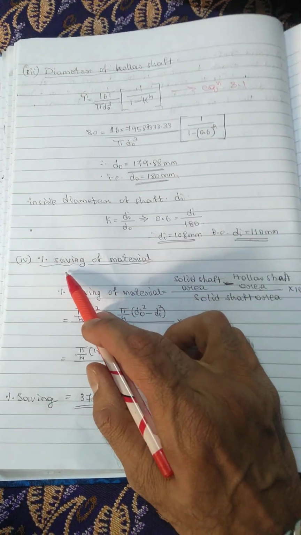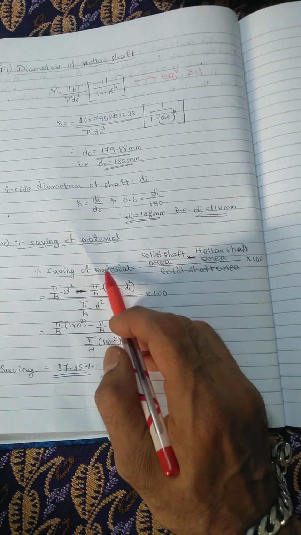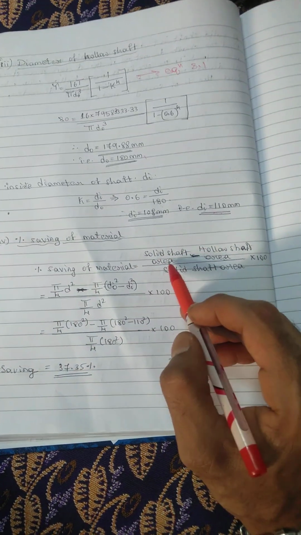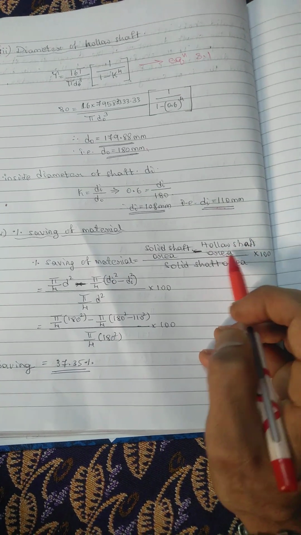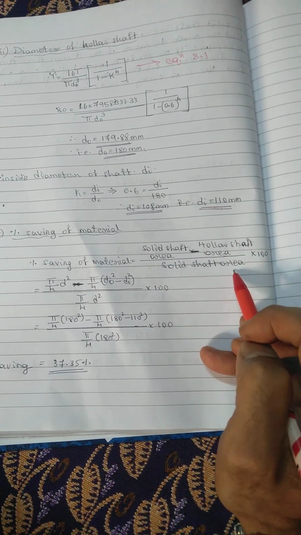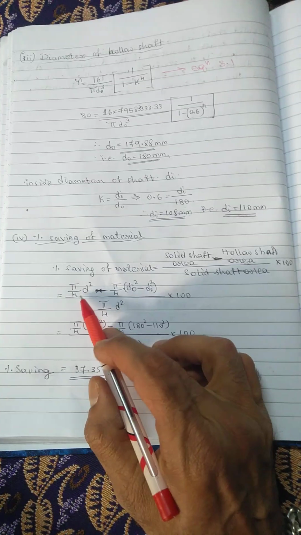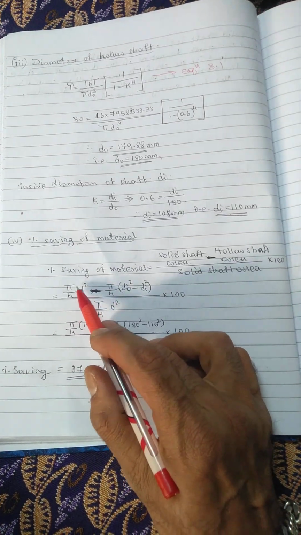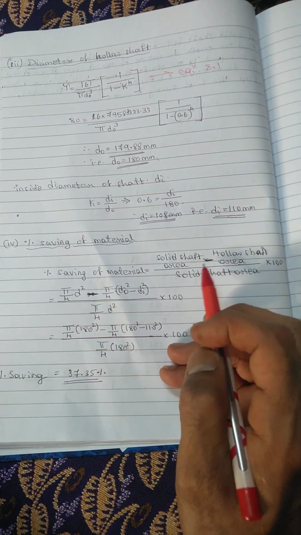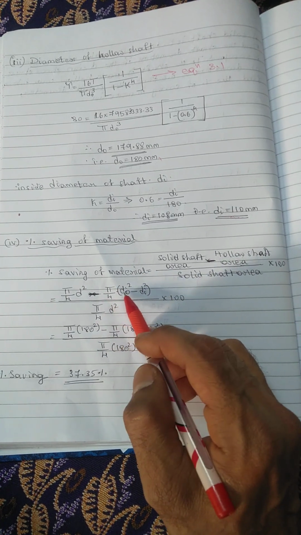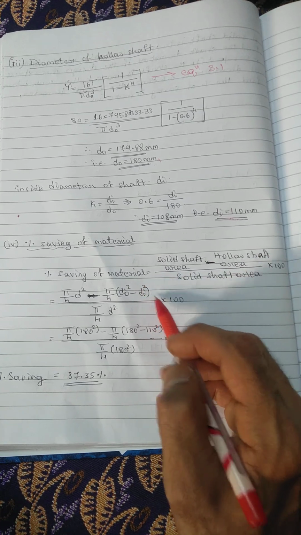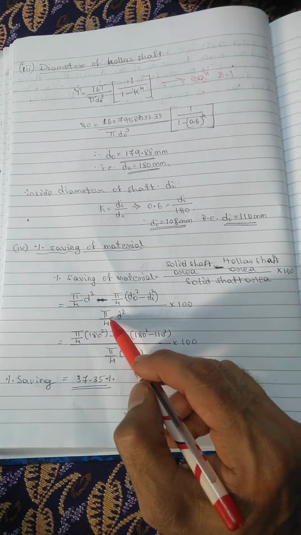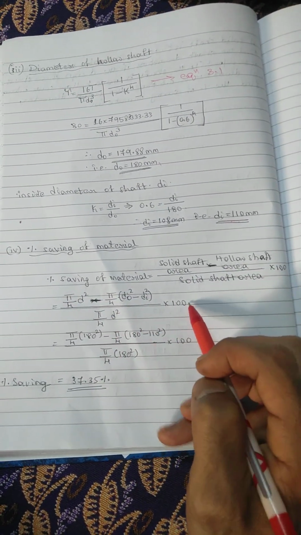Next, the percentage saving of material is equal to solid shaft area minus hollow shaft area, divided by solid shaft area, into 100. For the solid shaft area, pi by 4 d square, minus the hollow shaft area, pi by 4 into outside diameter square minus inside diameter square, divided by solid shaft area, into 100.